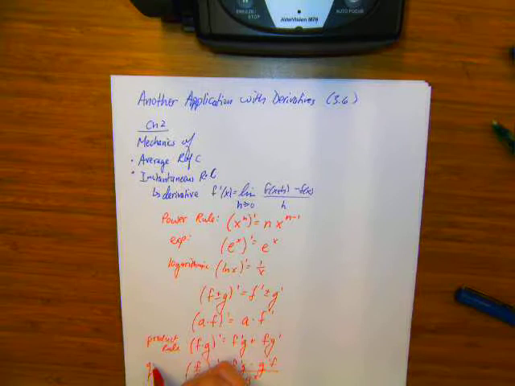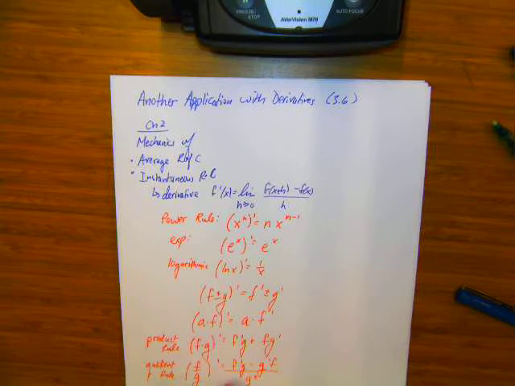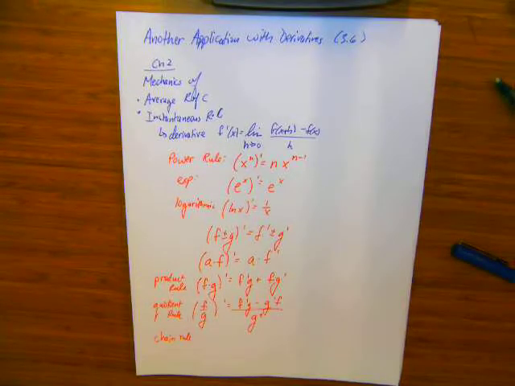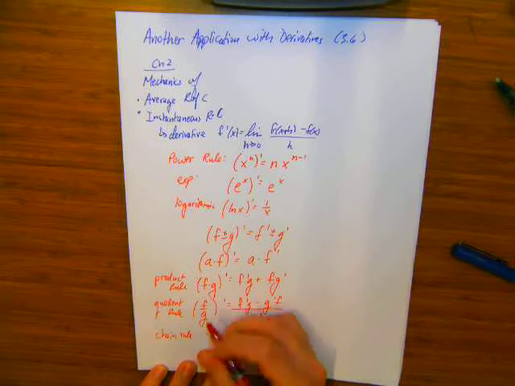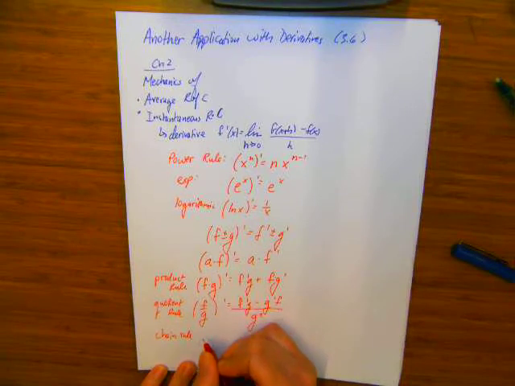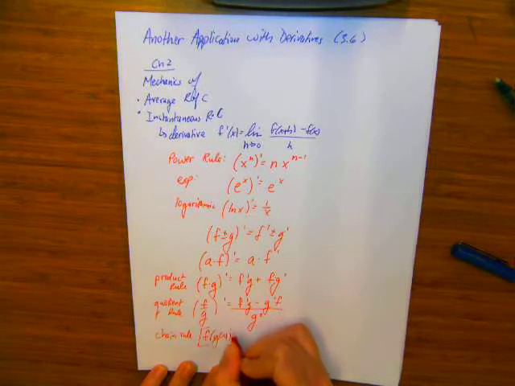What was another rule that we talked about? Chain rule, right? So how did chain rule work? Good. Yeah. So if I had a function inside another function, I want the derivative.